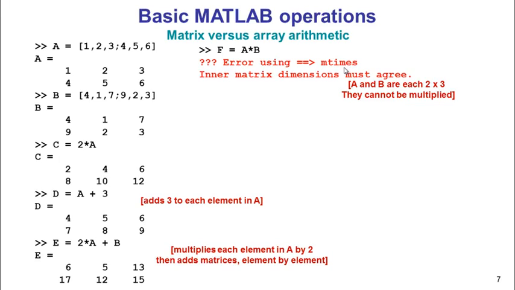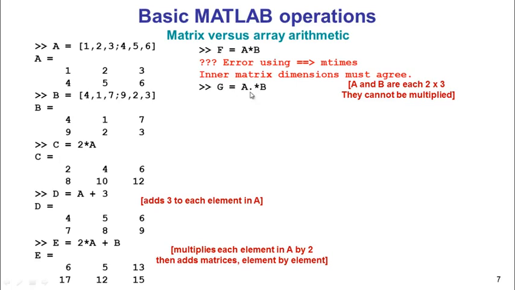Now you might not want to do a formal matrix multiplication. In fact, a lot of the times you don't. What you might want to do instead is take 1 times 4, 2 times 1, 3 times 7. You might want to multiply 2 arrays on an element by element basis. And you can do this in MATLAB, but you have to add something to your multiply command. You have to add a dot.